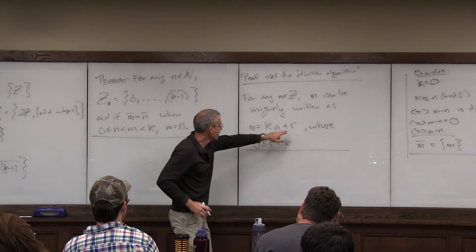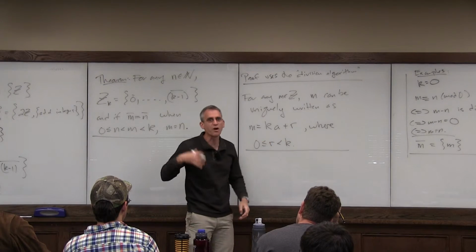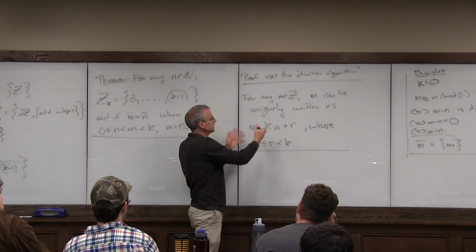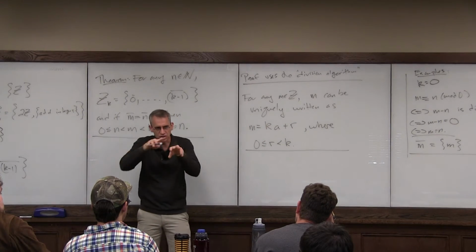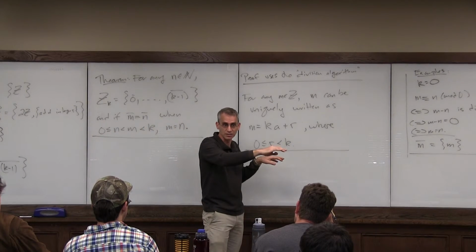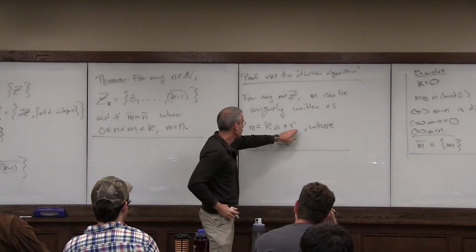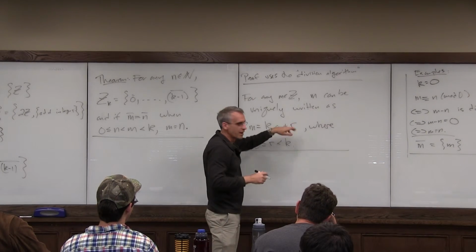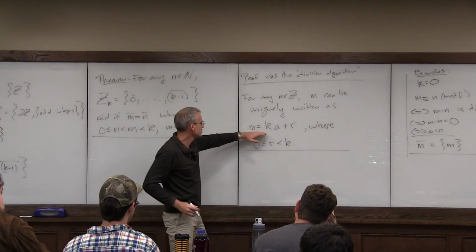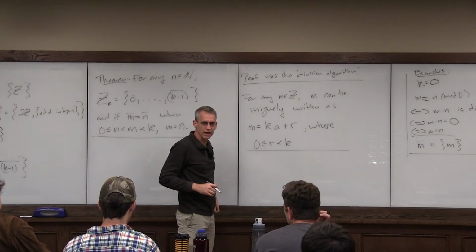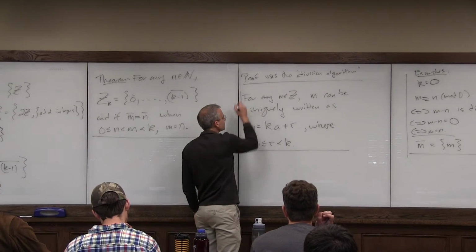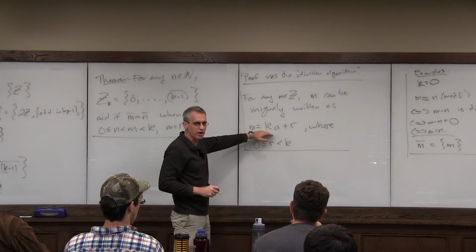So the remainder should be smaller than the divisor or you haven't divided out enough. That's the way to think about it. And so this should be completely clear. You know, the Greeks understood this and they thought about it as lengths, kind of like the Archimedean principle with a remainder. You want to go far enough out till the remainder is smaller than your divisor. What may not be so obvious is that it can be done uniquely. That requires a little bit of work, and again you see uniqueness coming in. But anyway, that's what the division algorithm says, and this makes this very easy.